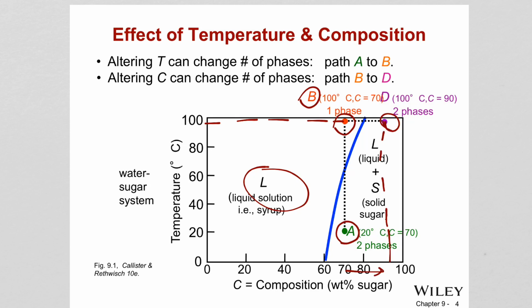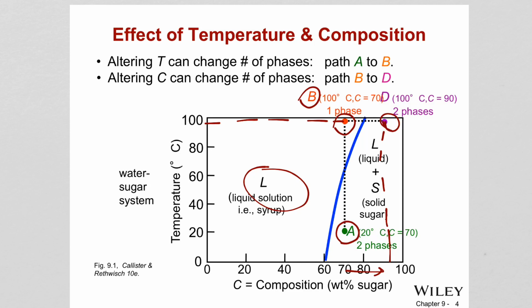So if you increase the composition, you are again going from one phase to two phases. There is again sugar. You can observe it as another phase inside your liquid, because you have now a thermodynamically different phase. Liquid and solid are mixed inside your system.